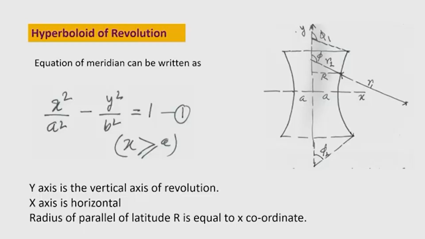Okay. Now, let us consider the hyperboloid of revolution of one sheet, where the meridian is a hyperbola.